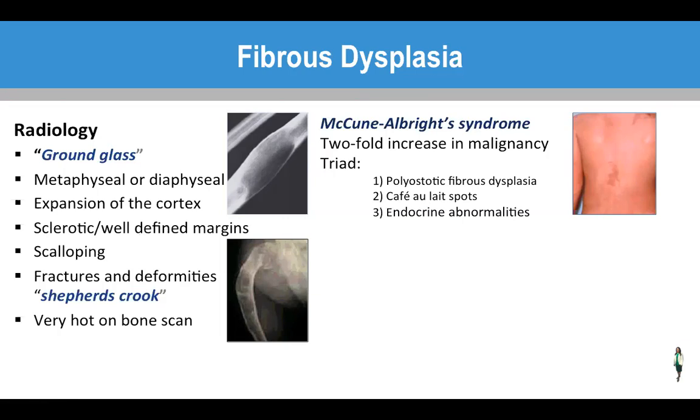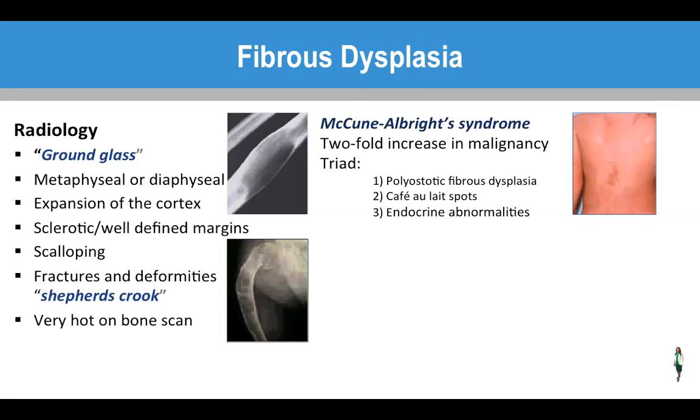And this is a very metabolically active tumor, so it's very hot on bone scan. Fibrous dysplasia is a key component of McCune-Albright syndrome. In patients with this syndrome, there is a twofold increase in malignant transformation.